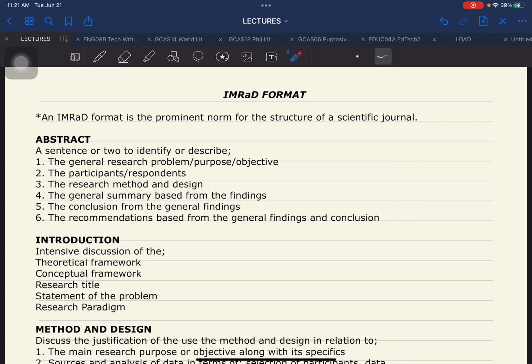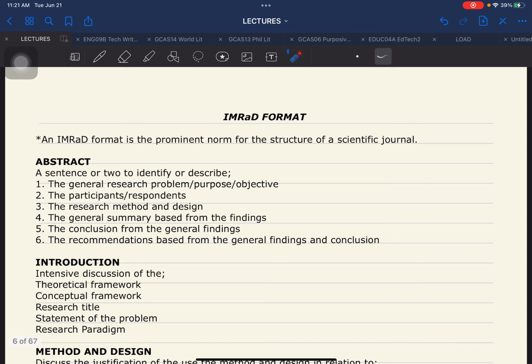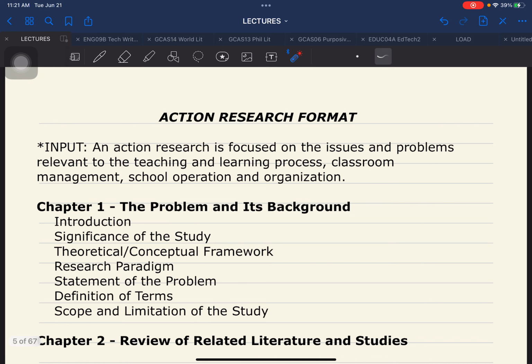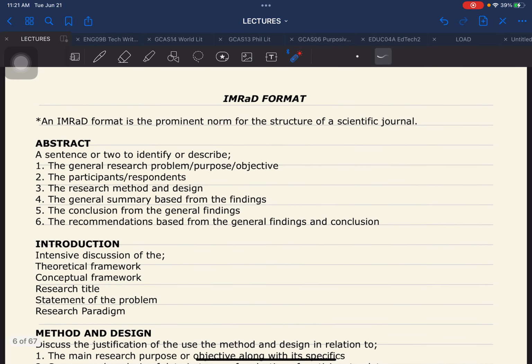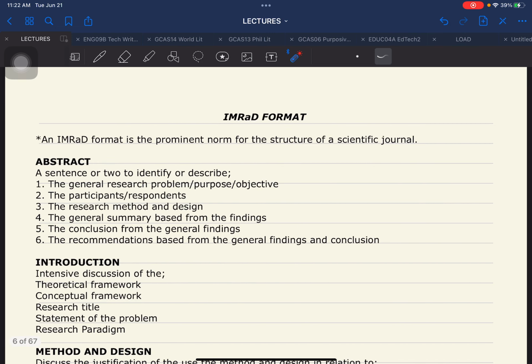If you were able to conduct your study using an action research and you want to publish your study in a scientific journal, then you will have to convert your action research format into an Imrad format for it to be accepted and published in that particular journal. So that is the relevance of this format to one another.